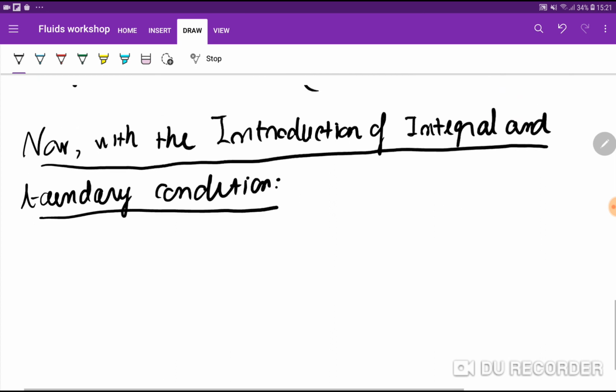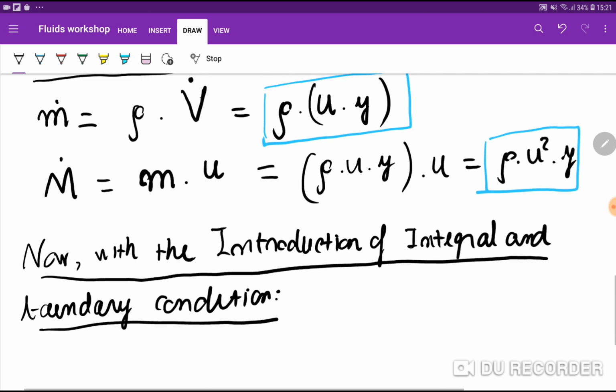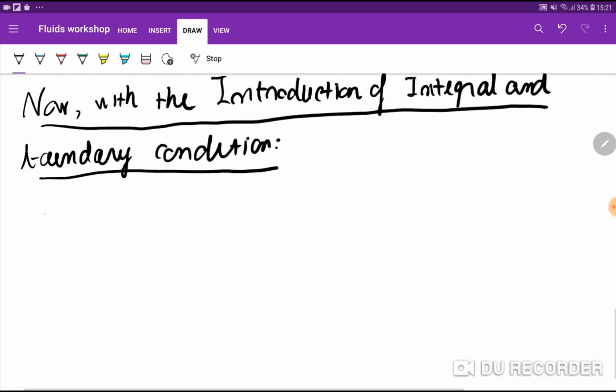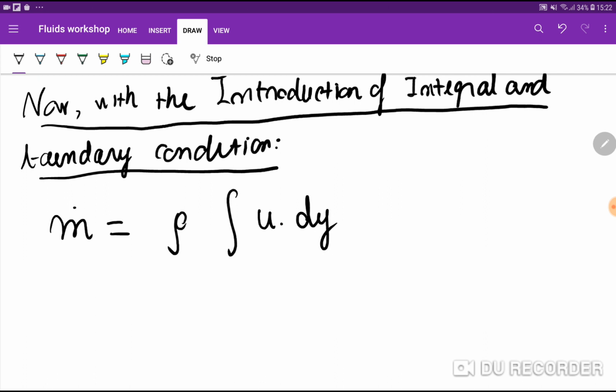Basically, y changes, so m dot, instead of rho times U times y, will be rho times the integral of U dy, where y goes from 0 to delta.